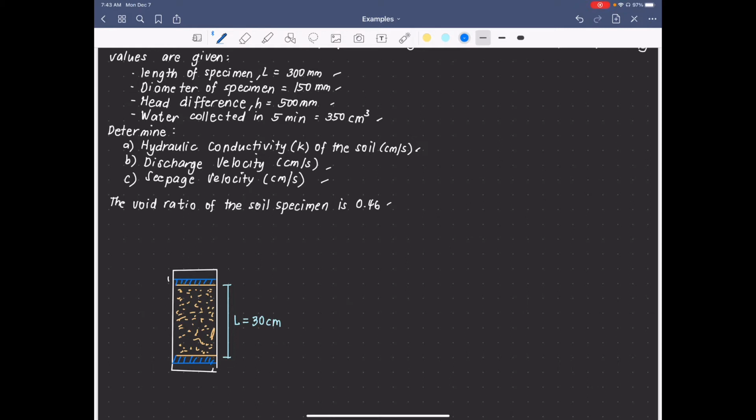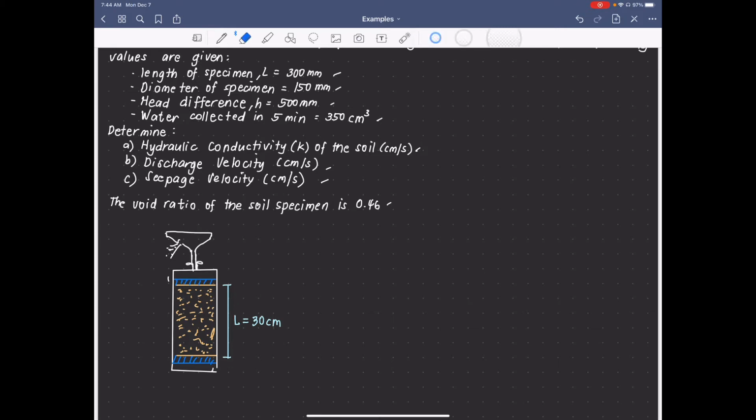And we have the head difference. So to get the head difference, what we normally do for this test is we allow water to flow through the permeability apparatus, through a certain opening. Okay. All right, this is connected to a funnel, and this funnel will have a discharge here, or an overflow.